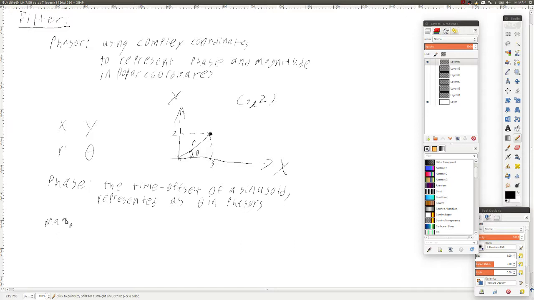Magnitude is the amplitude of a sinusoid, represented as R in phasors.